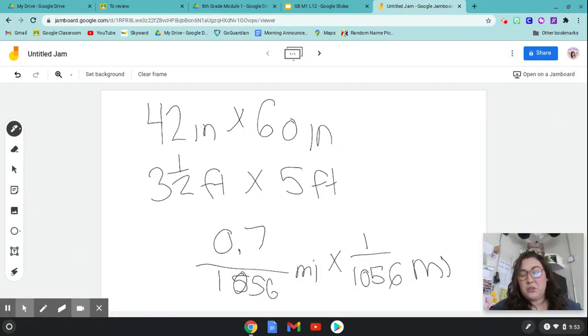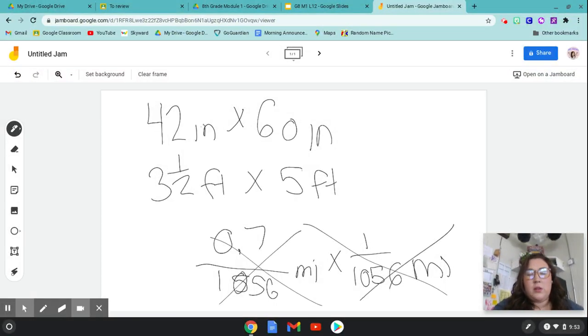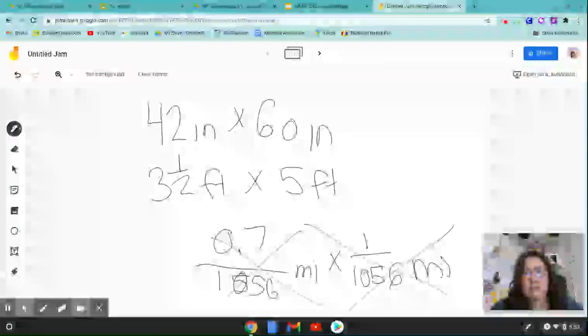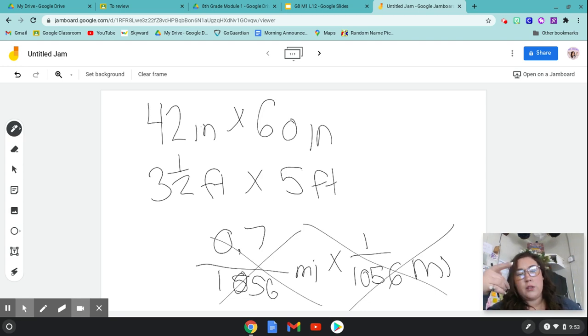I have literally no clue what that really represents. If someone told me that, I would just say, eh. You don't want someone thinking that when you give your math answer. So this would not be acceptable. We can't use miles to measure a dining room table. We need to think about what people can visualize. So this is one simple example.